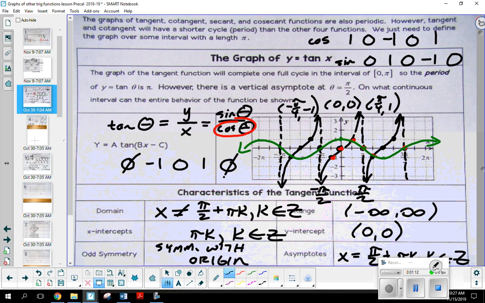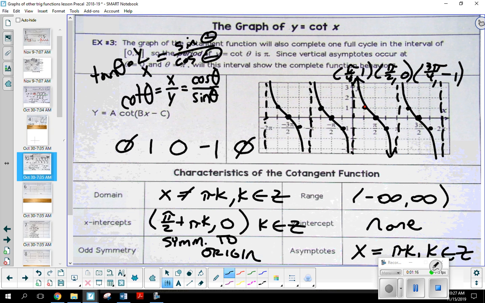So a couple days ago, I walked you through tangent. Yesterday, Mr. Yacht went ahead and walked you through cotangent here, and he worked a couple problems with you. And while I'm thinking about Mr. Yacht, I'll go ahead and tell you in the spring semester, the second semester, we are going to be receiving, at least as of right now, a full-time student teacher.